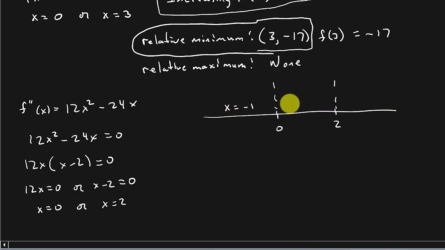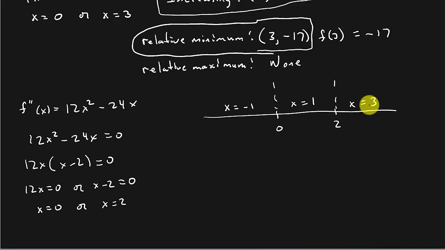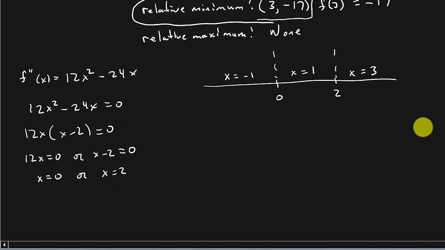And so I've got x equal -1, x equal 1, and x equal 3. All right, so let's see what we've got here. So I've got f double prime of -1. So that's a negative here and a negative here, right?